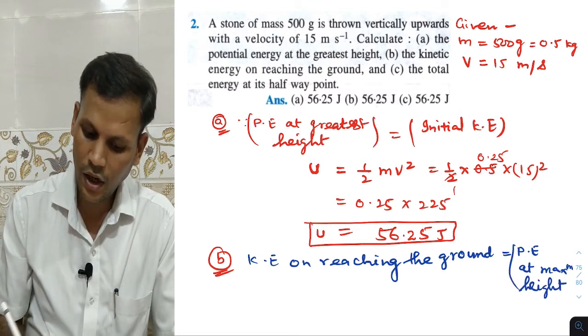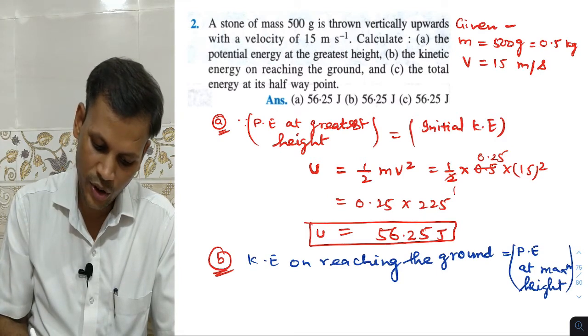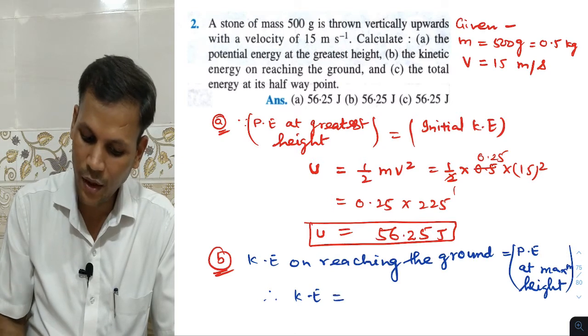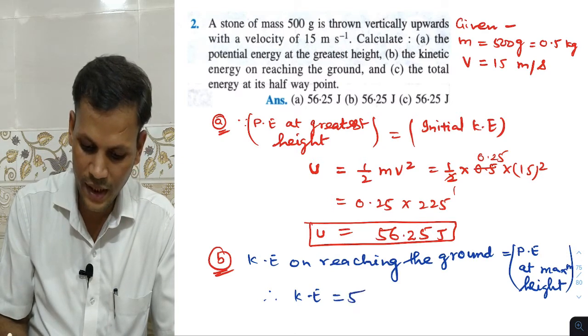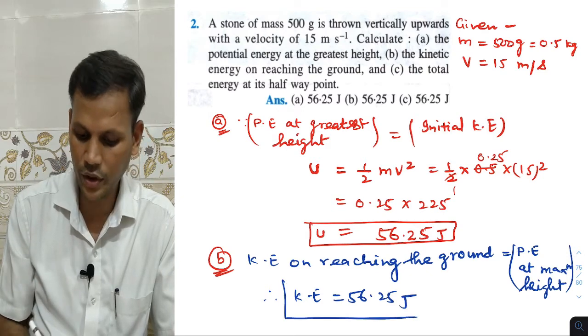Already that part, greatest height or maximum height, it is same. So therefore kinetic energy will be, already we have calculated this one, so it will be 56.25 joule. No need to do the calculation for this part.